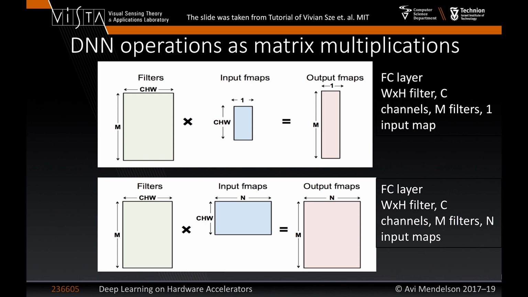So now if we can represent the fully connected layer as an operation between matrices, we can leverage all this parallelism. And this is exactly what we are doing in CUDA or in GPUs. The difficulty here is that we need to think differently.